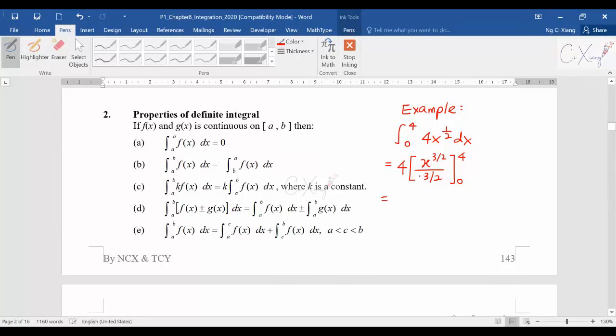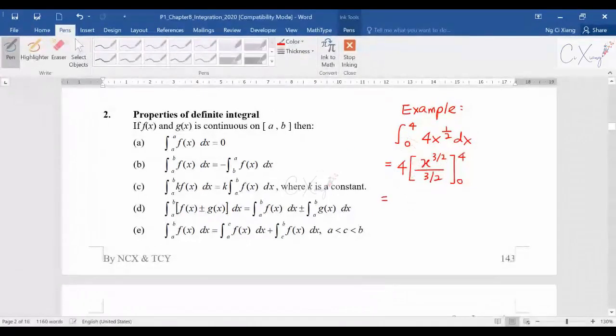Again, before I substitute the values into x, I prefer to simplify all this. The divided by 3/2 in my solution, I don't like that. I like it to be simple, so I will simplify first.